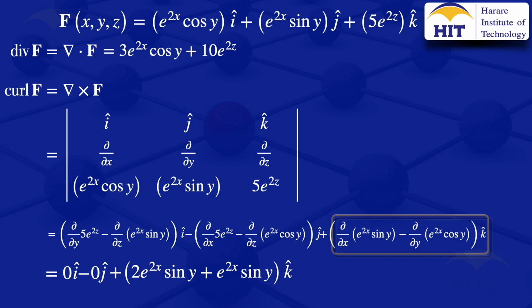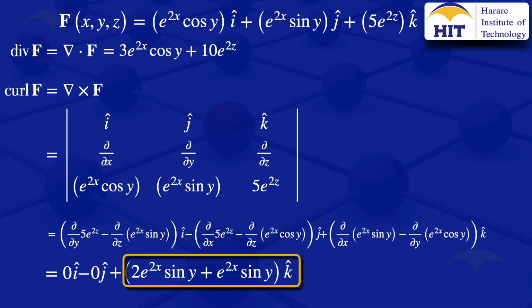So 2e^(2x) sin y plus e^(2x) sin y, we can simplify that to 3e^(2x) sin y. So our expression becomes 0i minus 0j plus 3e^(2x) sin y k.